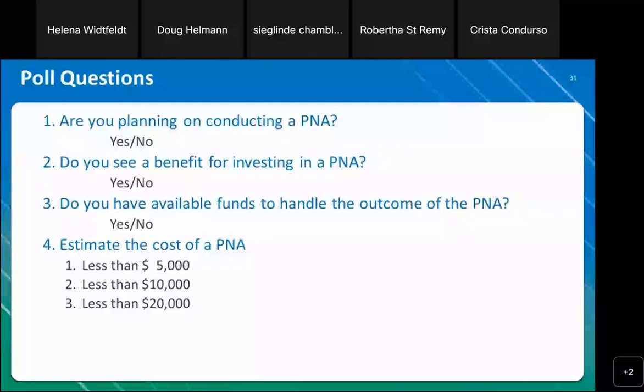Do you think your authority is prepared? And do you actually have an idea of the estimated cost of a PNA? Do you think the PNA is less than $5,000, less than $10,000, or less than $20,000? Simple questions, but meaningful questions.